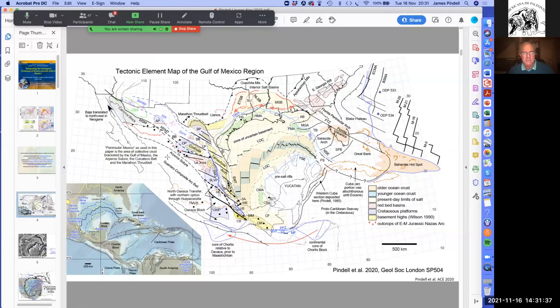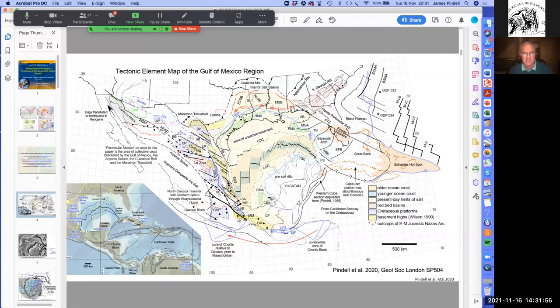All of the basement to the left or to the west of that line is composed of island arcs or continental arcs, which have been accreted to Western Mexico or built upon Western Mexico.